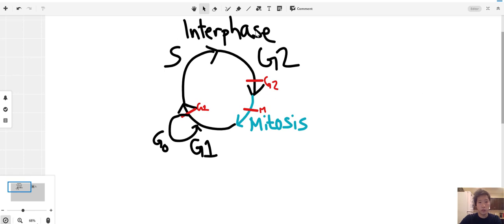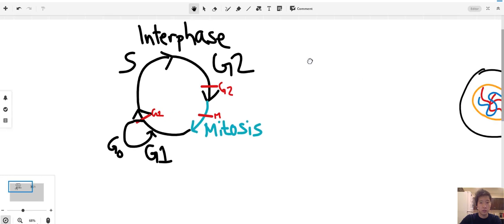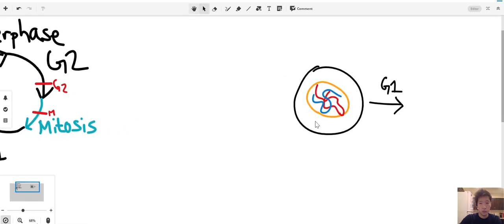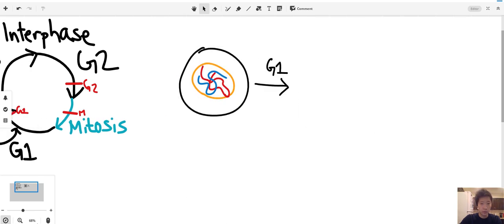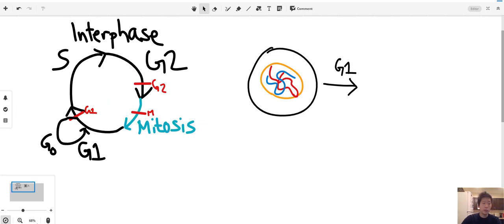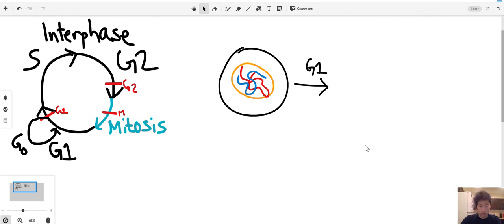So what does it mean when a cell is in G1? So let's draw a cell here. Actually, I already have that. I'm just going to move it closer so you can see. So we have our cell, and when a cell is going into G1, that means that it's going to start growing. So G1, or growth 1. Okay.